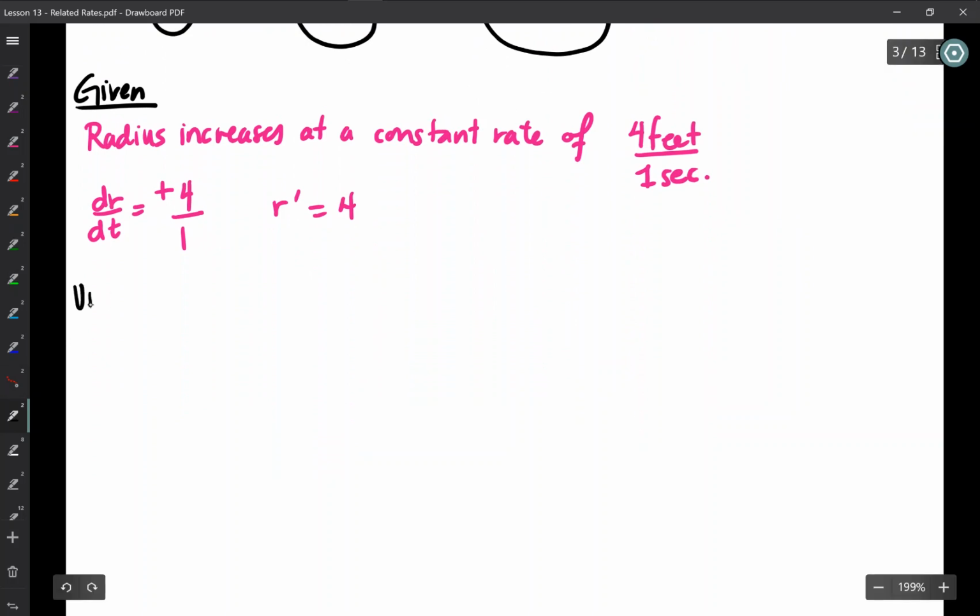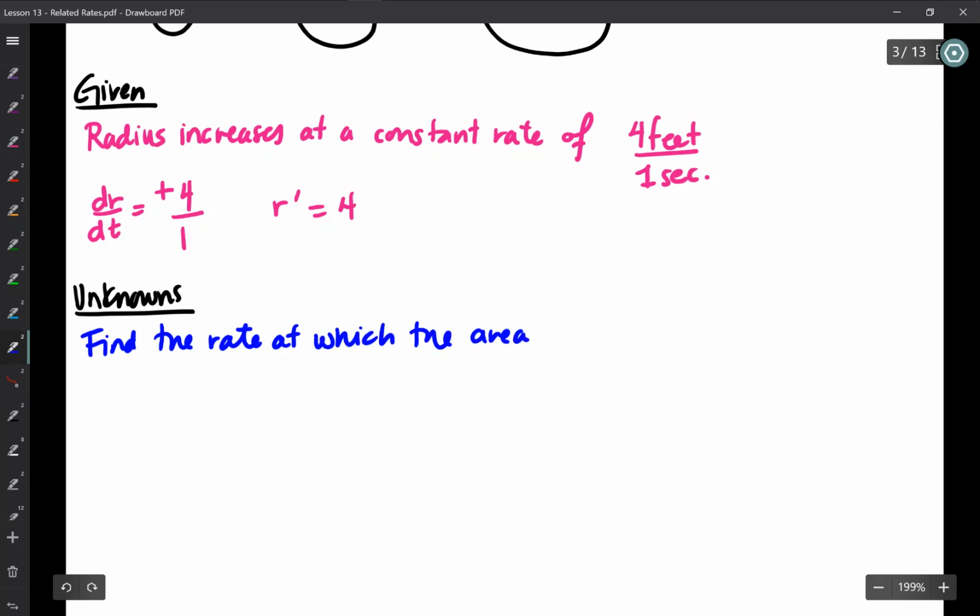So my unknowns, we're asked to find the rate at which the area is changing with respect to time at a particular moment in time when my radius is 30 feet.